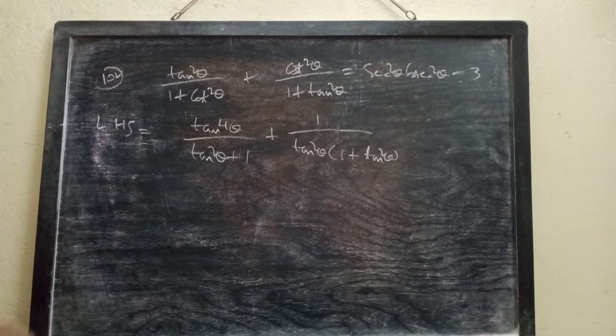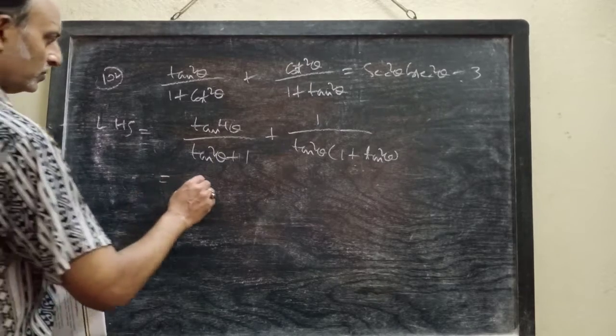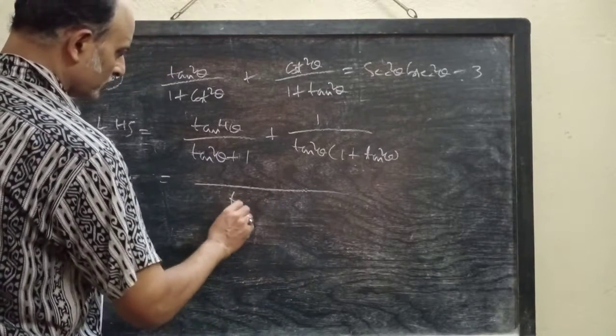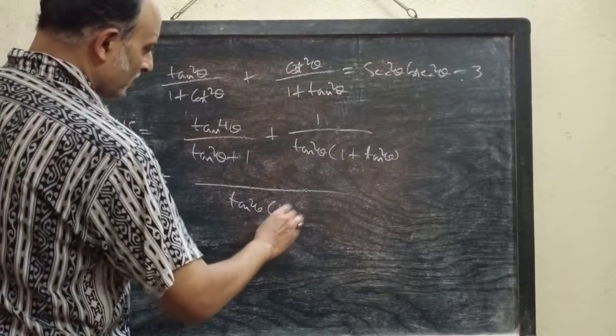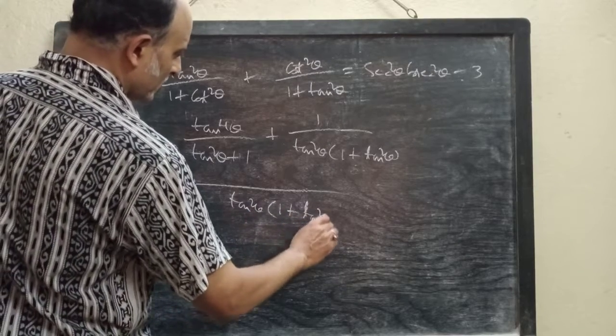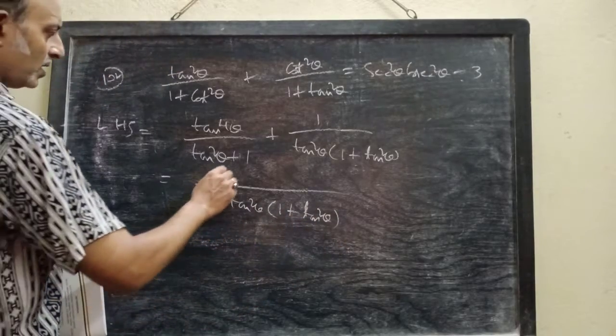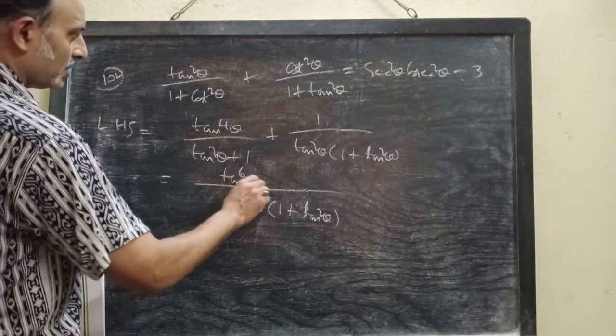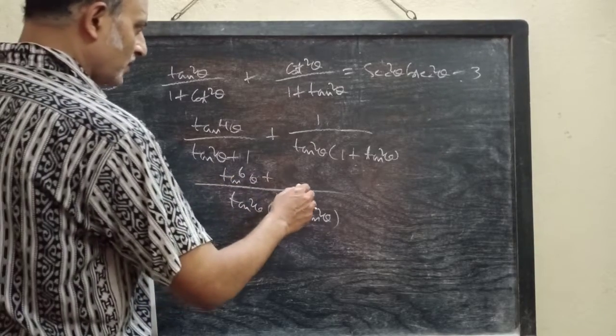So in both the case, I have multiplied both n and d by tan square theta. Now, the LCM becomes tan square theta into 1 plus tan square theta. It becomes tan to the power 6 theta plus this becomes 1.